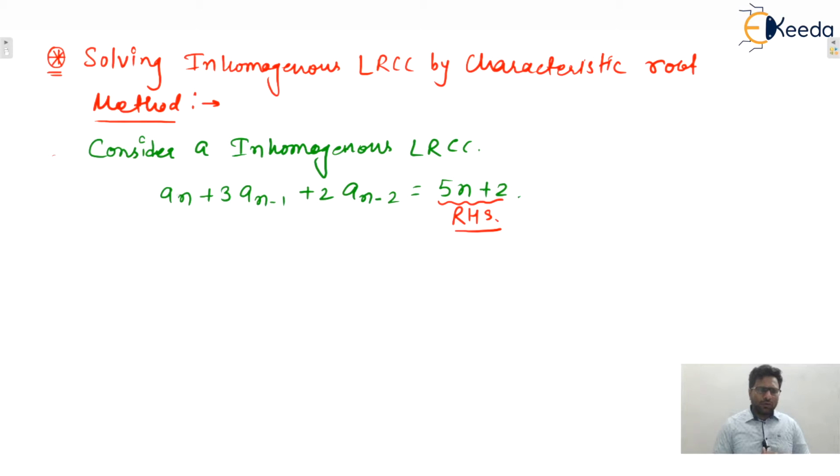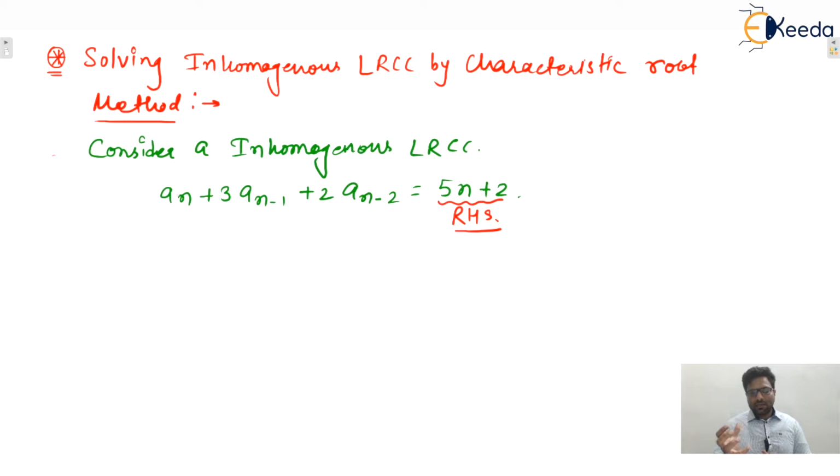So guys, there are various steps. First step is to put the right hand side equal to 0 and solve it like a homogeneous part. Whatever you did in homogeneous, in the same way, put right hand side equal to 0, write the characteristic equation, find the roots and write the homogeneous solution. But remember, at this first step, don't solve the constants C1, C2 and so on.